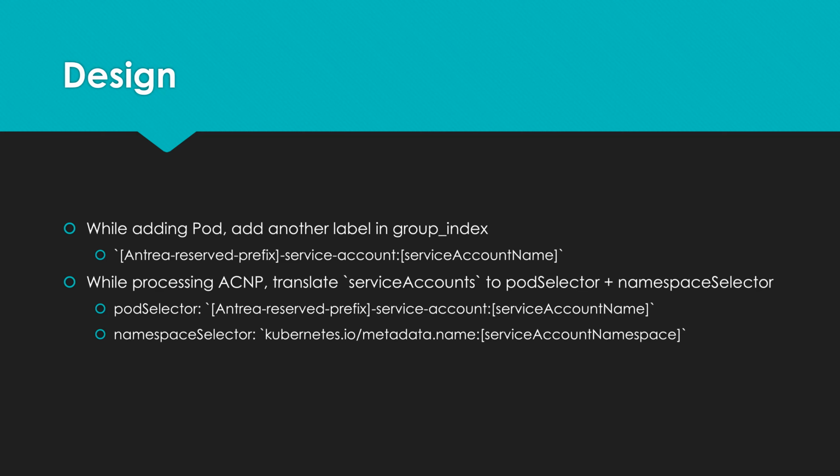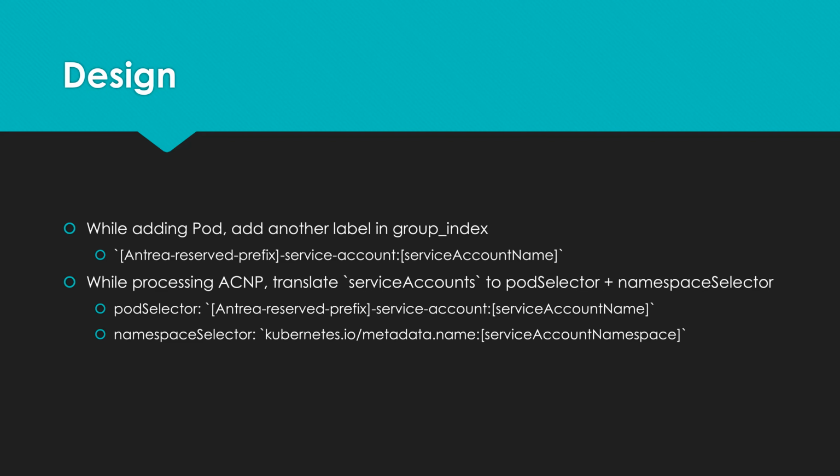The next step is, while we are processing the ACNP, we need to translate the service accounts field to a pod selector and a namespace selector. For example, if we have service account SA-1 in namespace NS-1, this is the service account we want to select. After the translation, it will become one pod selector starting with the Antrea reserved prefix, service account, and the label value is SA-1, which is the service account name.